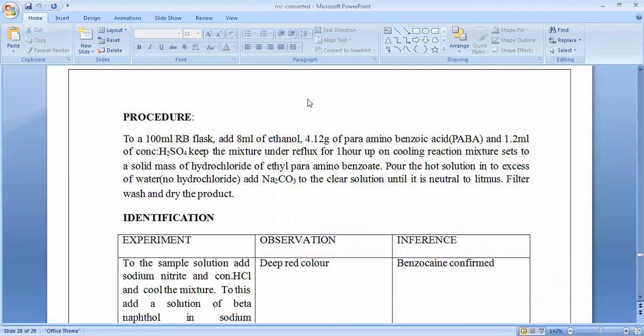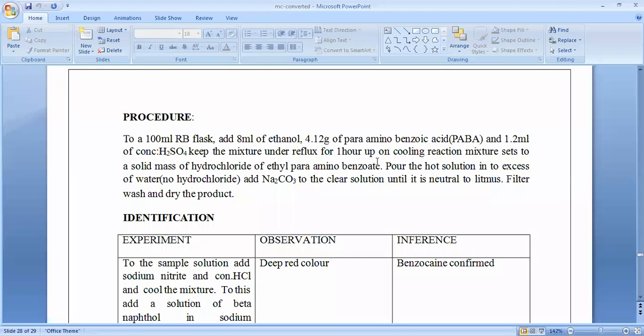This acid will react with the alcohol, that is ethanol, along with 1.2 ml of concentrated sulfuric acid, and keep this reaction under reflux for 1 hour. We make the reflux setup; we have already seen how the reflux condenser is attached in our lab. Heat this reaction mixture for 1 hour.